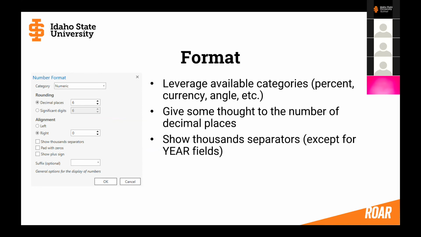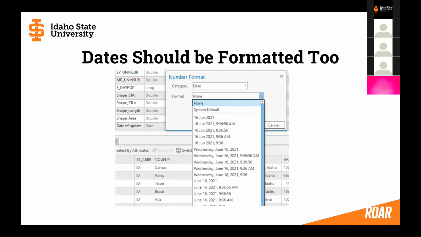Even though the data holds it, it's not a meaningful bit of data. So wipe out the decimal places, drop it down to 0. Show the 1,000 separators for any of those large numbers except for year. Pay attention to the field you're actually modifying, and don't put in 1,000 separators for the year.